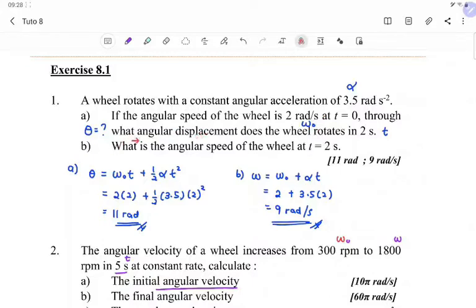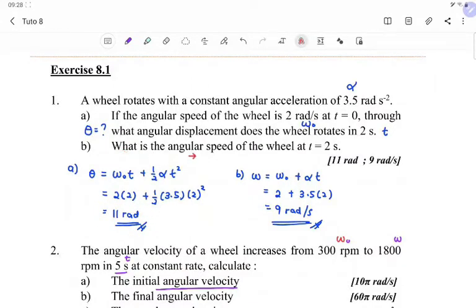Through what angular displacement, so what is theta, does the wheel rotate in 2 seconds? So this is the time. We need to find theta. We already have omega naught, t and alpha, so we can use this formula to find the angular displacement.